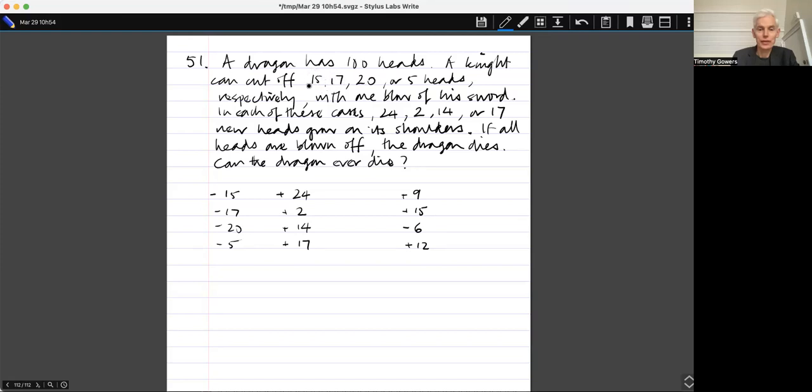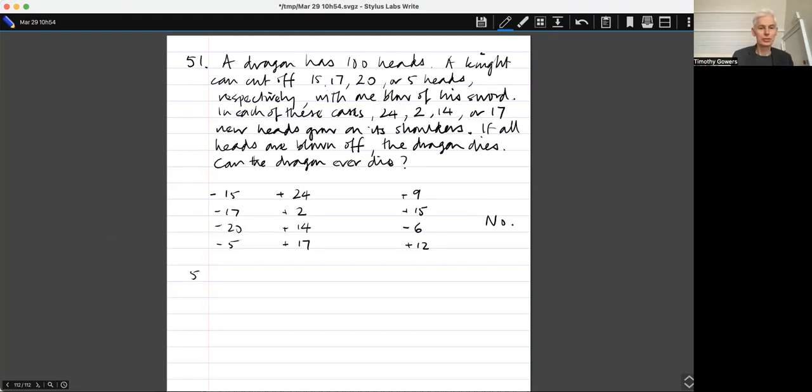So if there are 15 heads, then it's 0 mod 3. If there are 17, 20, or 5 heads, there are 2 mod 3 heads. But with each blow, you don't change what it is mod 3, and 100 is neither 0 nor 2 mod 3. So the answer is no, and that was a rather simple mod 3 question. So let's move on.